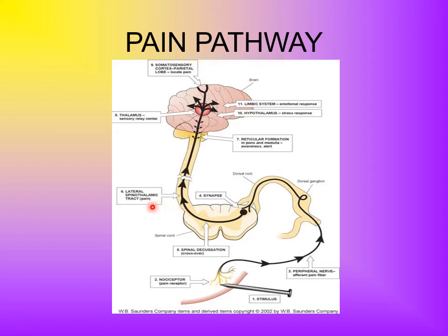And then by way of a lateral spinothalamic tract, which is a pain receptive tract, you go up through the reticular formation in the pons and the medulla, that's awareness of pain, and then into the thalamus, which is your sensory relay station, which takes the information to the somatosensory cortex in the parietal lobe, which locates the origin of the pain, and then to the hypothalamus, which initiates the stress response, and the limbic system, which is attached to the emotional response. So that's the pain pathway.